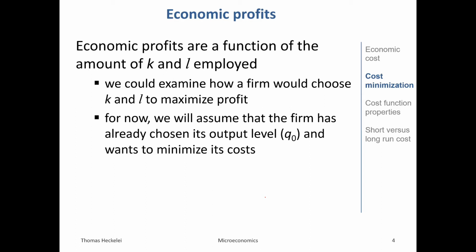So starting from cost minimization somehow makes it easier for you later to grasp the concept of profit maximization. Because of that, for now, we will assume that the firm has already chosen its output level, Q0, and try to minimize the cost of producing this level of output.